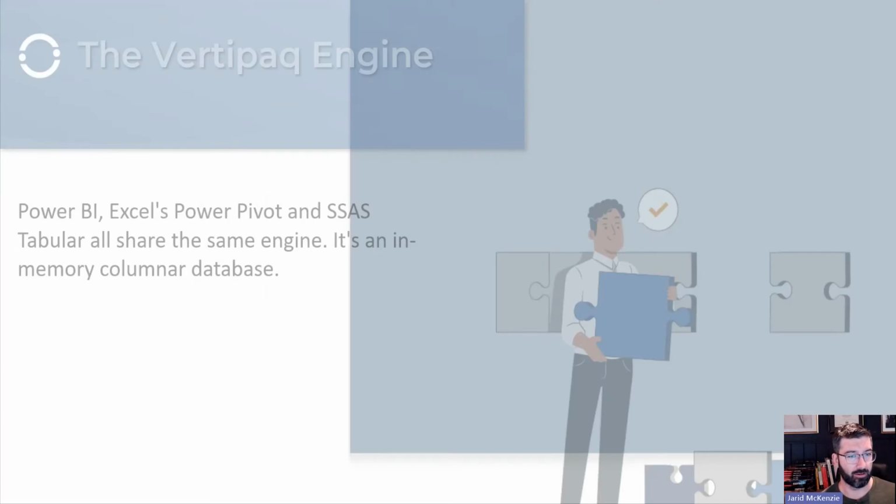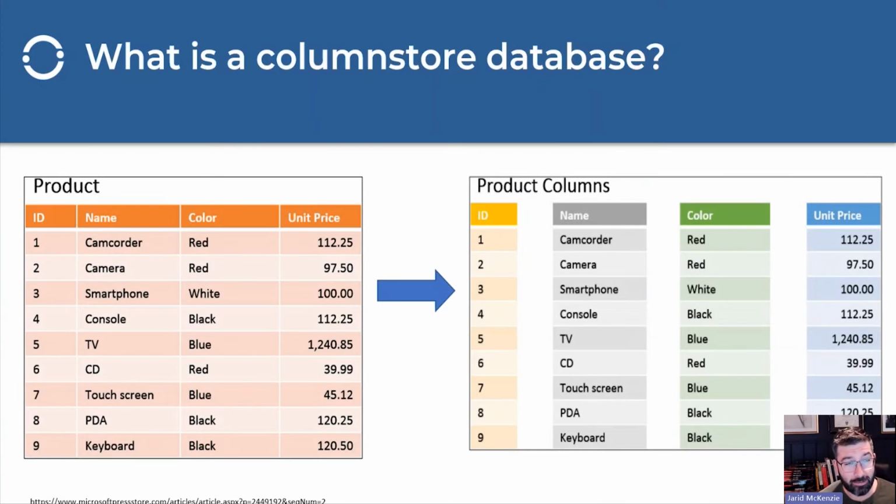A columnar database takes all of the columns that you have within a data set and breaks them out into their constituent columns. What are some of the implications of doing that? The big one is that it allows you to do compression very, very quickly.